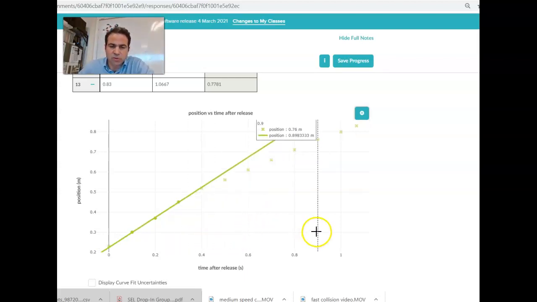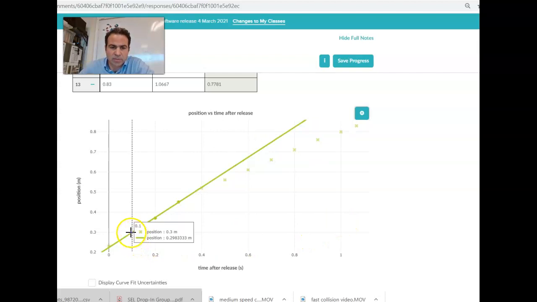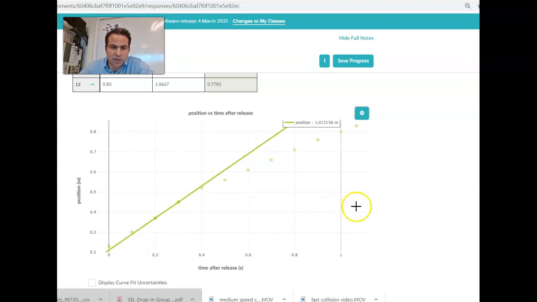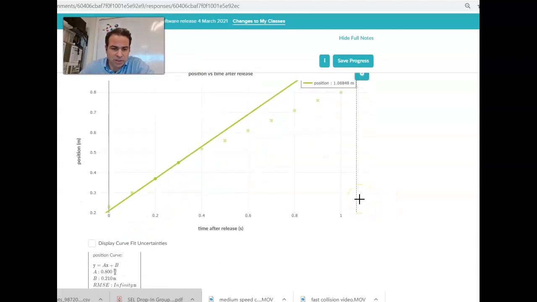You might choose 2 or 3 data points, maybe even just 2, right before the collision, and notice the slope, y equals ax plus b, I get 0.800 meters per second. So the velocity was approximately 0.800 meters per second just before the crash.